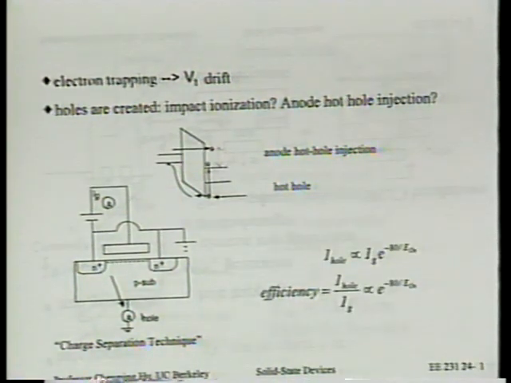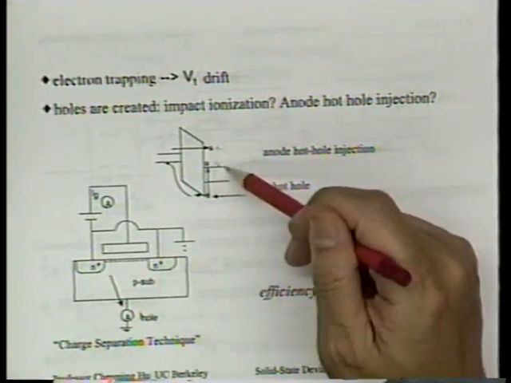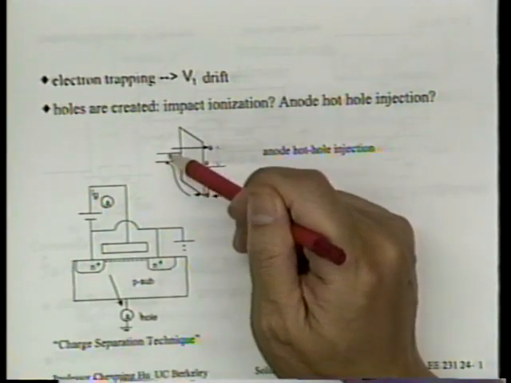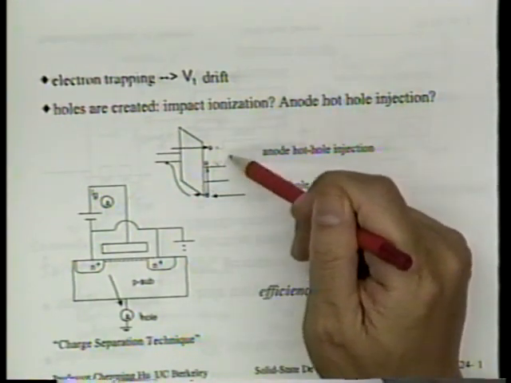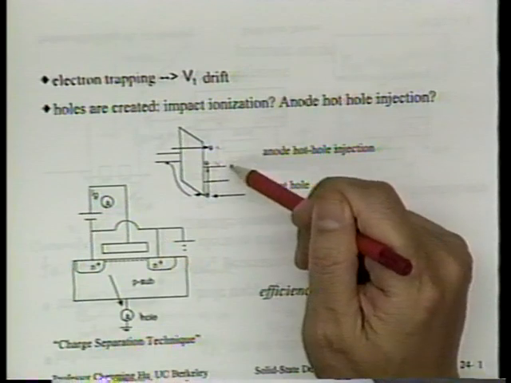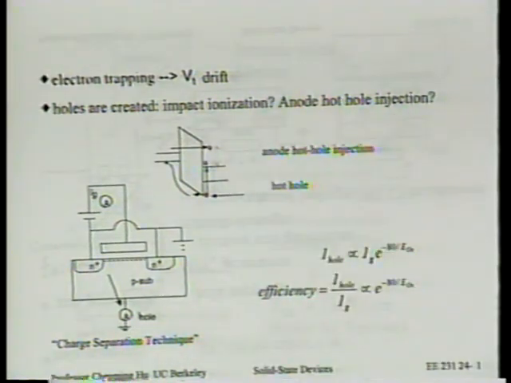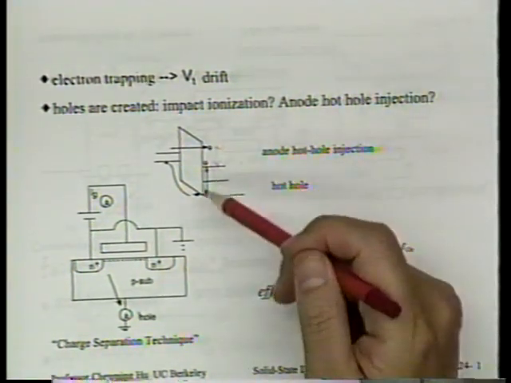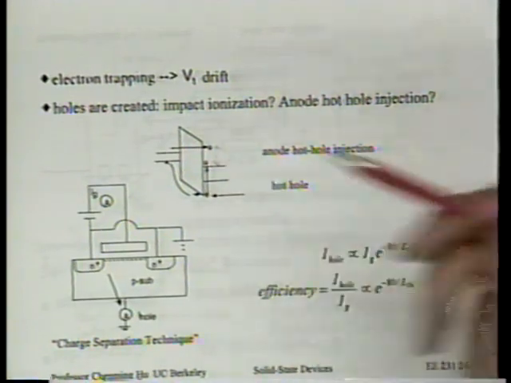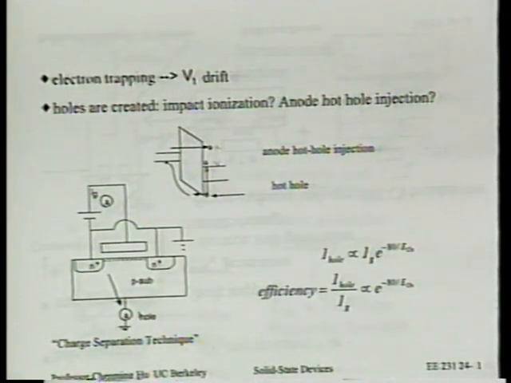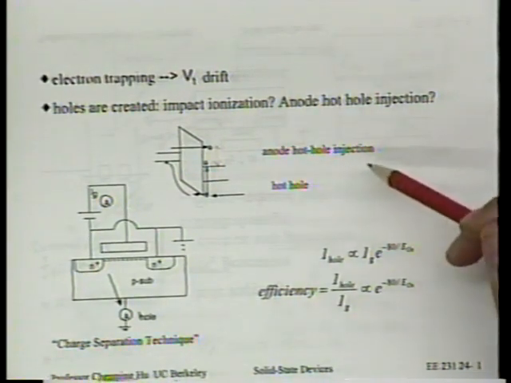Isn't that right? Because the Fermi level will be here, the Fermi level will be there. The difference of Fermi level is the voltage applied. And that difference is also the energy available. So does it make sense that the amount of hole injected depends on the voltage, not even on the field? You see that? And that's exactly the beauty of this anode hole model.